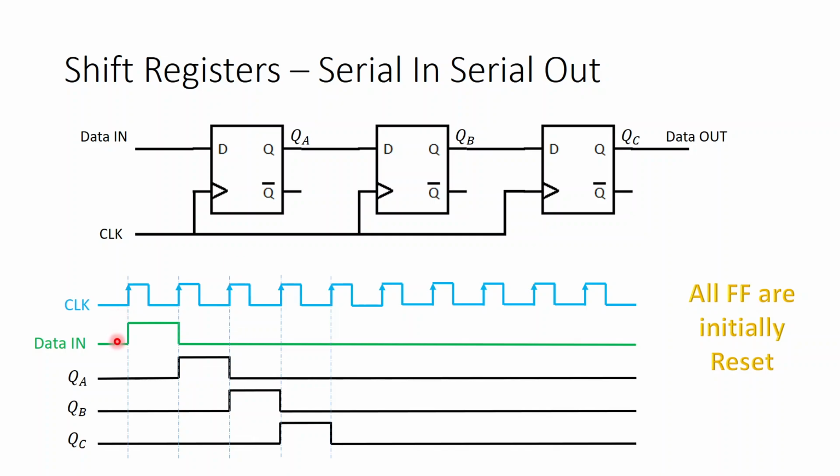Why is this so? Because changing from 0 to 1 does not happen instantaneously. There is always a slope like this. It takes some time to change, but the clock edge trigger is very fast, almost instantaneous, at least faster than the change in the data in channel.